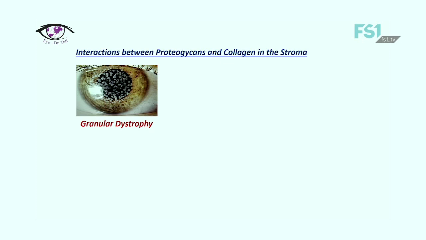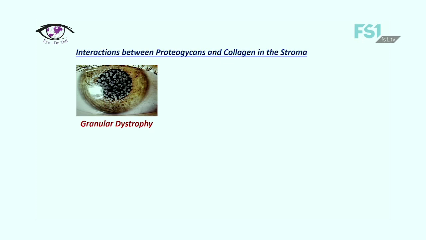As I mentioned just a few slides before, there is a special interaction between proteoglycans and collagens in the stroma. And once this interaction between proteoglycans and collagens of the stroma is damaged or somehow prevented, then clinically we can see an abnormal picture of the cornea.